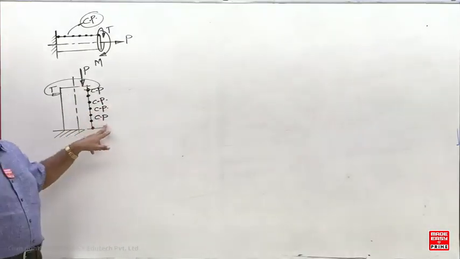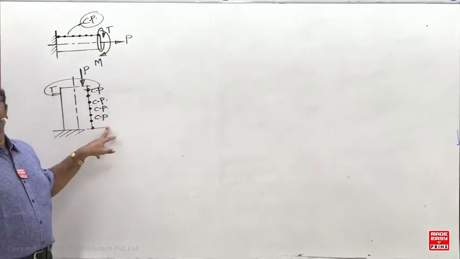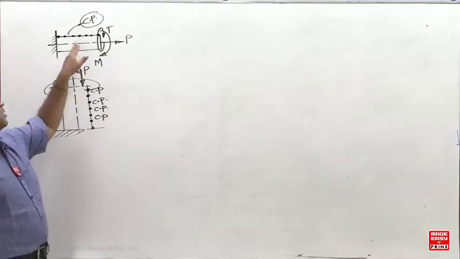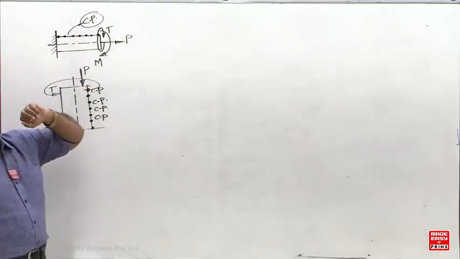So here, what is the sigma x? Minus sigma a and minus sigma b max. Here, what is the sigma x? Sigma a plus sigma b max.